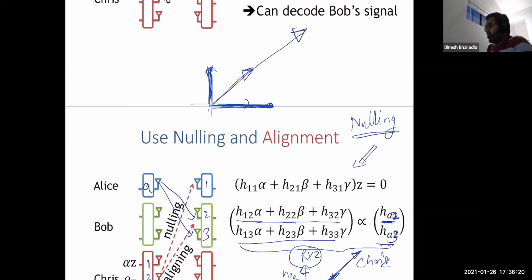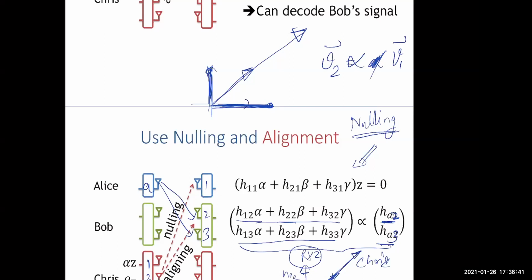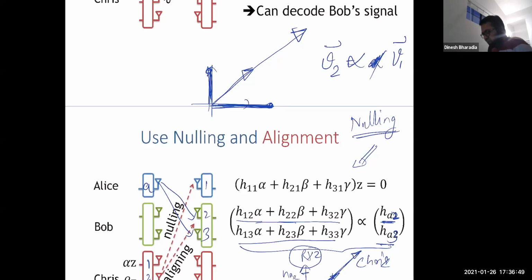So does everyone follow what alignment means? Alignment means that a second vector V2 is essentially alpha times V1, or they are proportional to each other. Say if Chris is receiving the signal, at that point there are 3 receive antennas. No, there are two receive antennas.